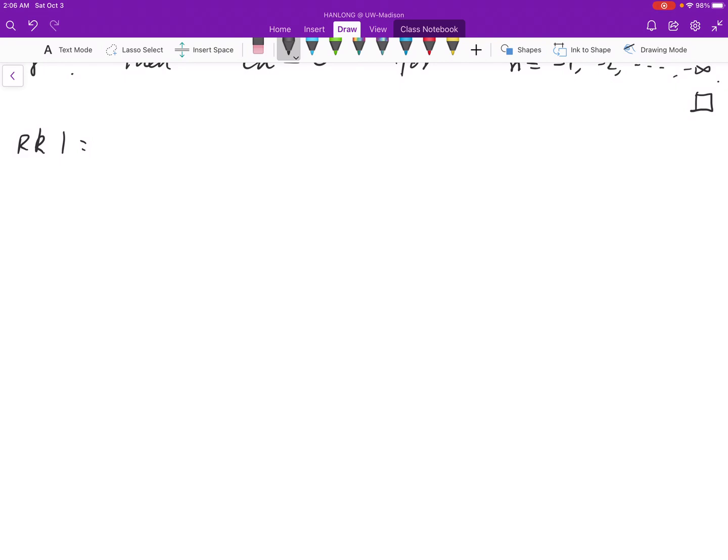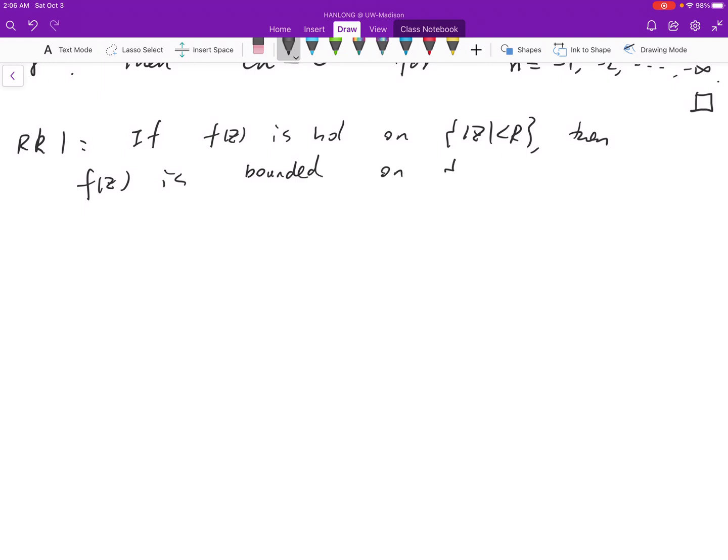That is, if f(z) is holomorphic on the whole disk, then f(z) must be bounded on the punctured disk. This is because f is continuous if it's holomorphic.